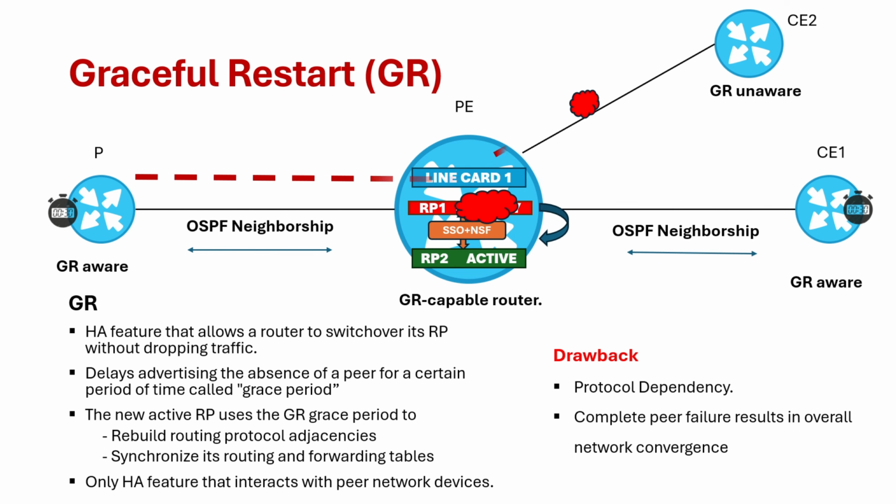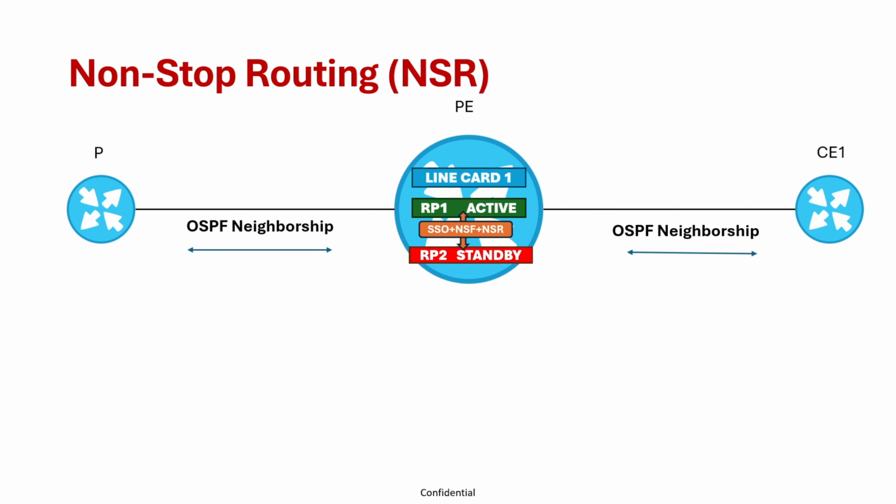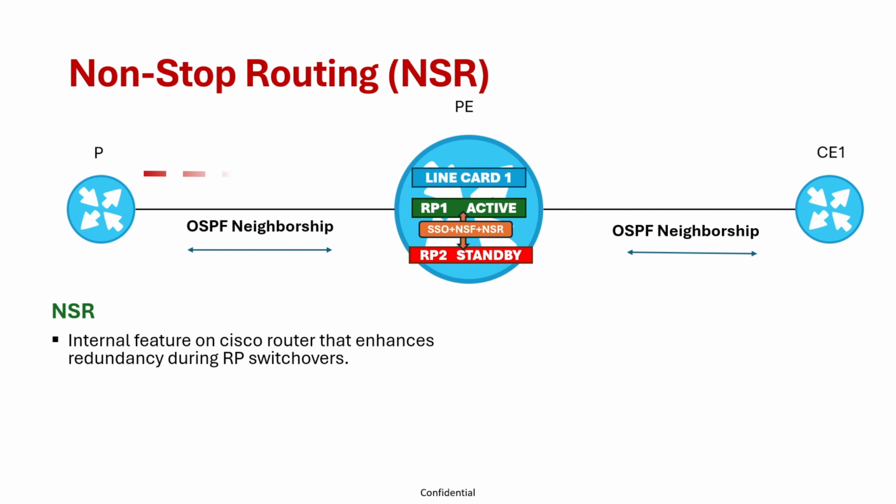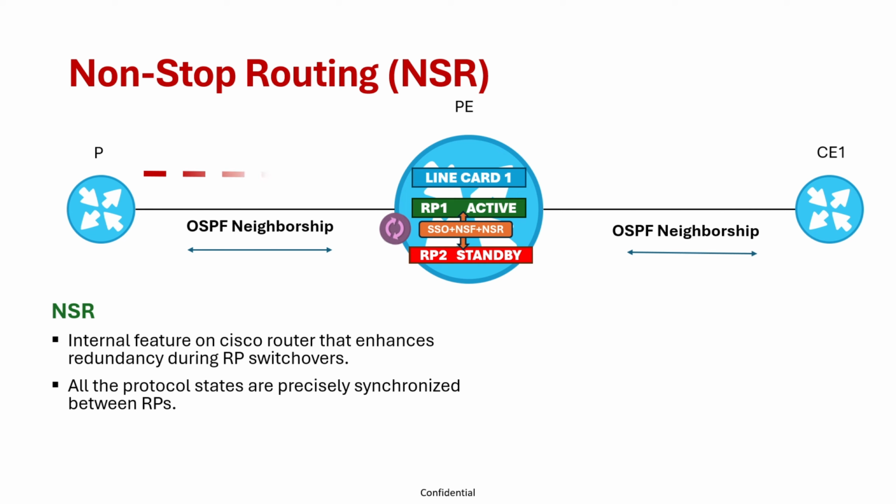Which brings us to the final concept, NSR, also called non-stop routing, an internal feature on Cisco routers that enhances redundancy during RP switchovers. With NSR, all the control plane protocol state required to maintain peering state is precisely synchronized across the active and standby RPs.